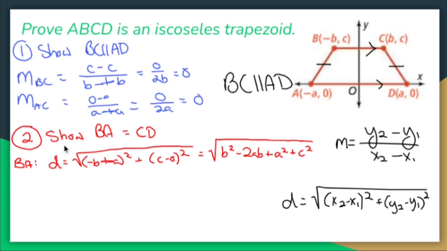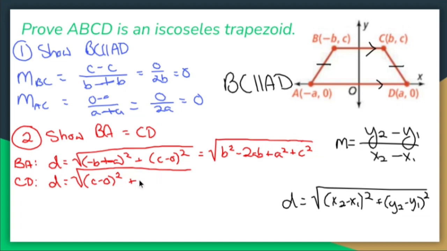Let's keep that red going. CD, the distance for that, big square root again. I'm going to let you be my 2's, let you be my 1's. That is going to be c minus 0 squared. Oh, I did it backwards, didn't I? Doesn't really matter.